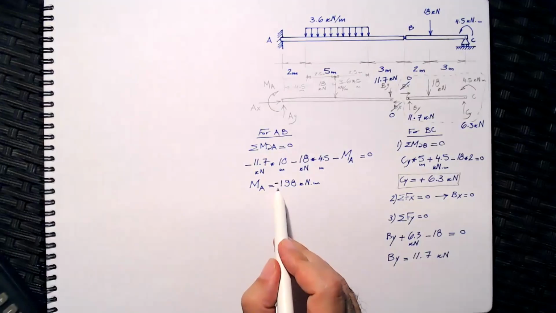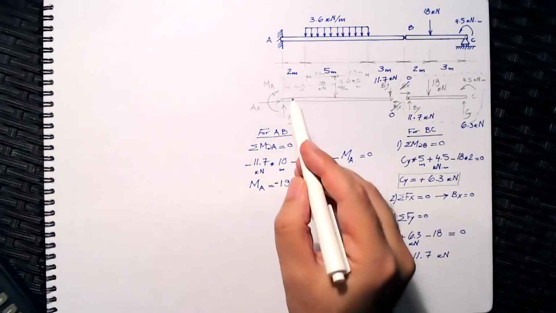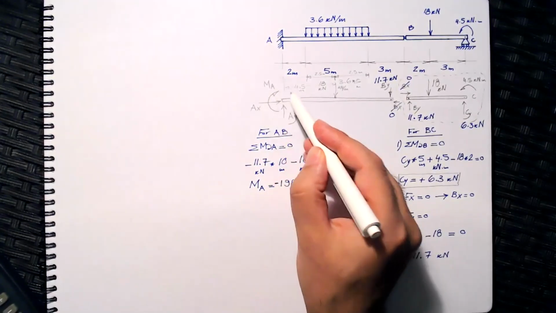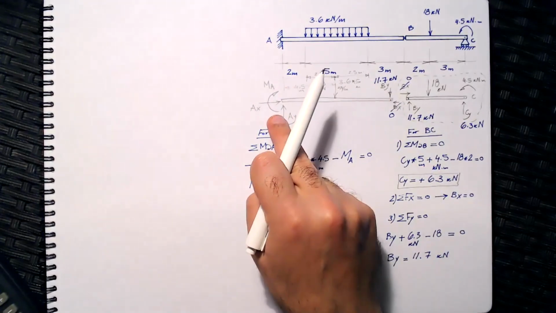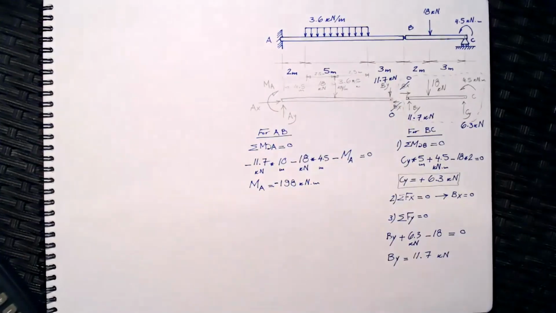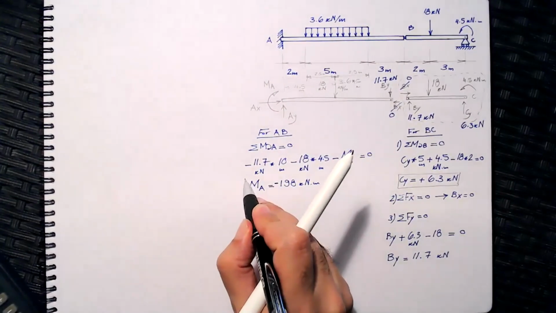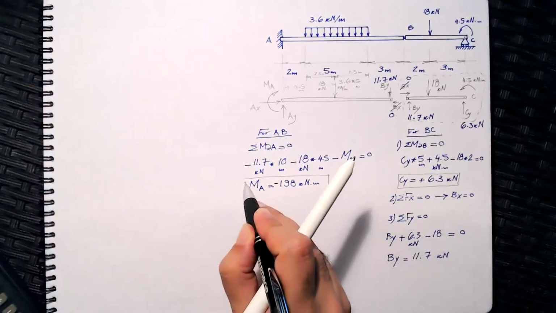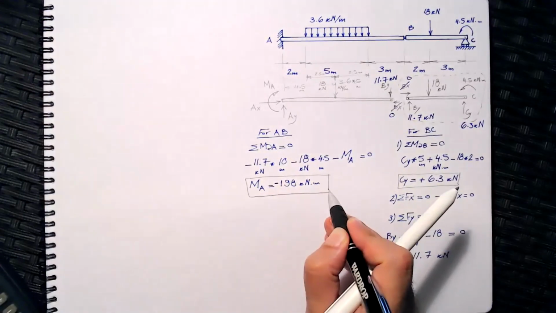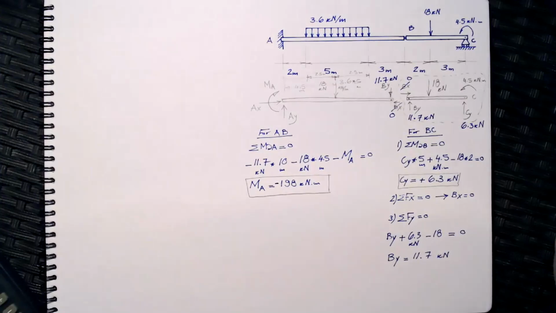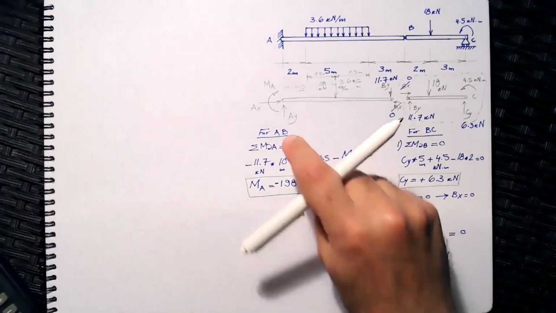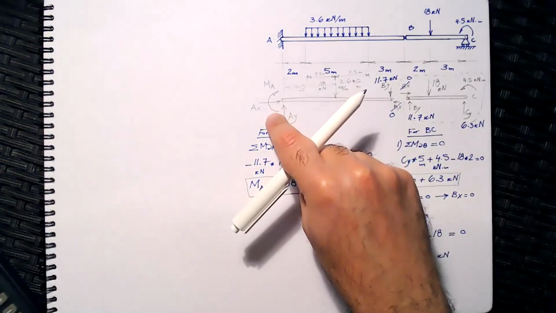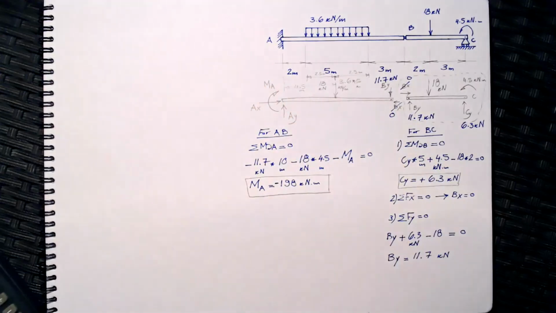So what does the negative mean? It means the rotation is not clockwise, it's actually counterclockwise. It's opposite to what I assumed. So that's fine. We now know that the reaction couple at A is 198 kilonewton meter going in the opposite of the direction I assumed.